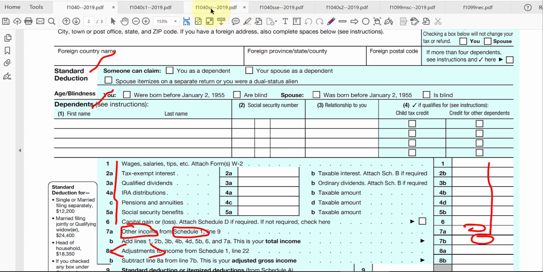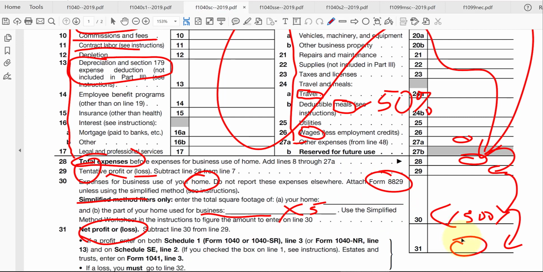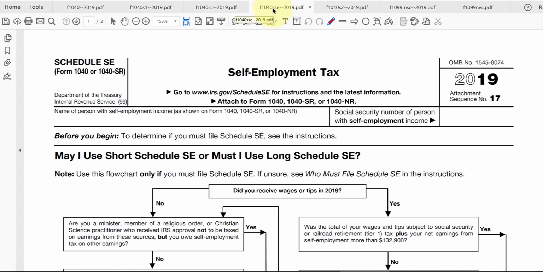Well, let's go back to our Schedule C. So we just recorded this income on the Schedule 1. But if you read the fine print here, it says also you've got to put it on a form called a Schedule SE. So if you remember, if you're an employee, the employer is going to withhold not just income taxes, but Social Security and Medicare taxes.